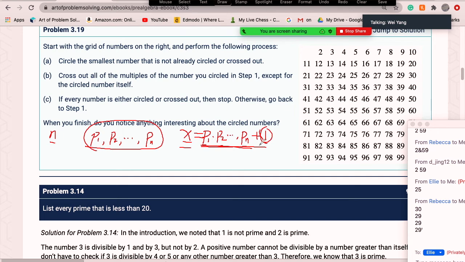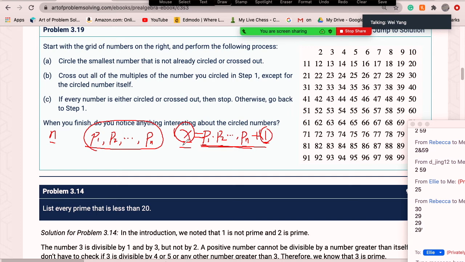So x is not divisible by any of these prime numbers.